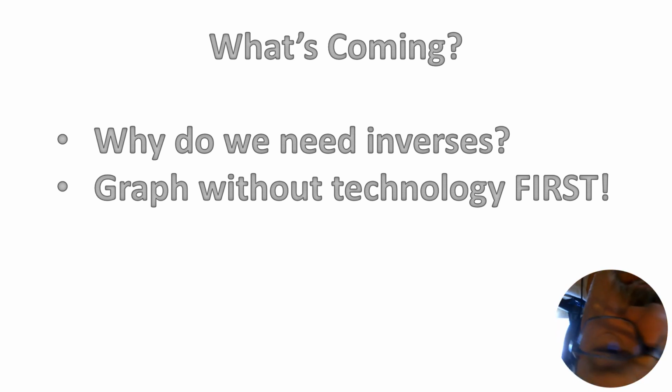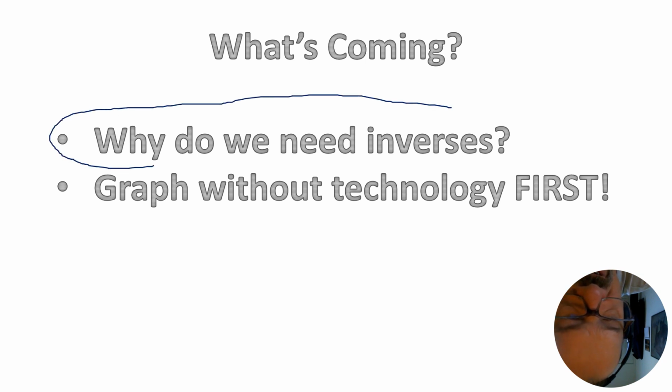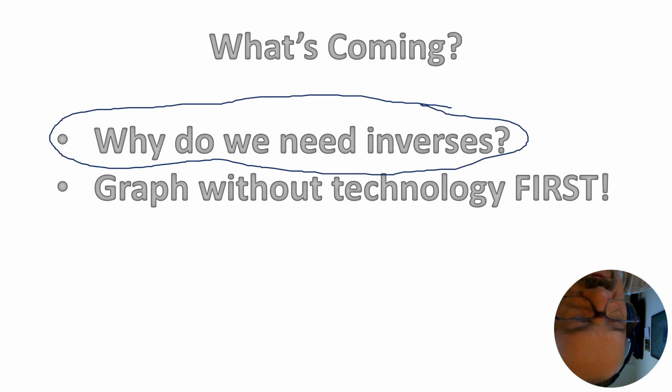Okay, what's coming in the future? So in the future, we have a few things coming down the pike. The main thing is, why do we need inverses anyway? Why did we talk about inverses? The main reason we use inverses is to solve equations.